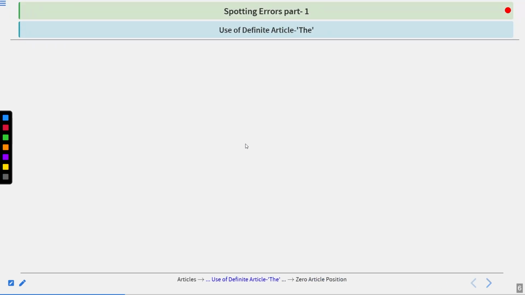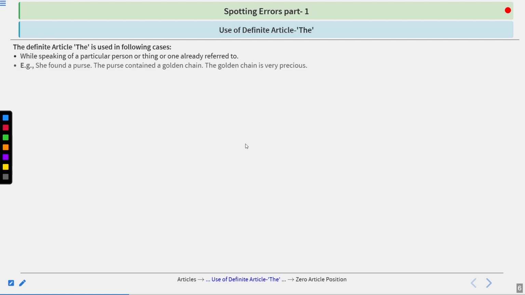Use of definite article the. The definite article the is used in the following cases. While speaking of a particular person or thing or one already referred to. Example: she found a purse. The purse contained a gold chain. The gold chain is very precious.